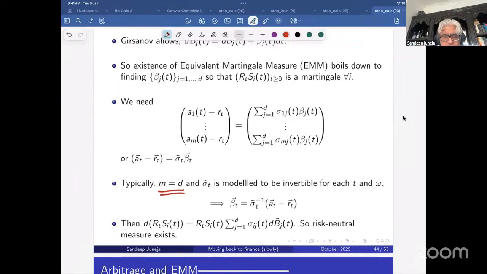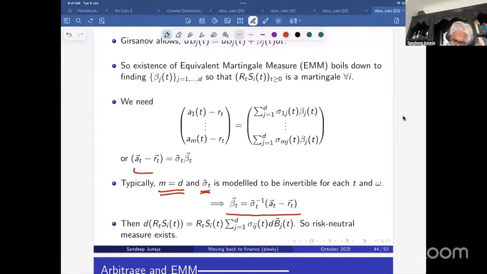In which case, for the solution to exist, we need sigma tilde t to be invertible. If it's invertible for every t and omega, then indeed we can take beta bar t to be the following quantity. So sigma tilde t being invertible ensures that we have an equivalent martingale measure.